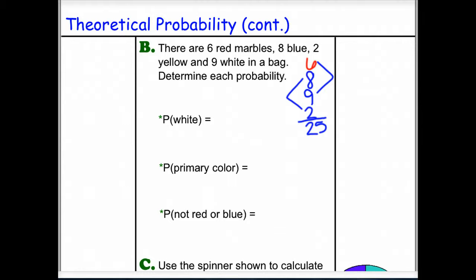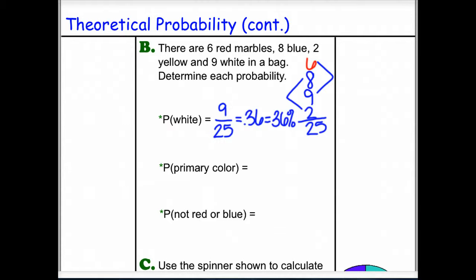So the probability of getting a white, well, there are 9 possible white to choose from out of the 25 in the bag. That cannot be simplified, so instead we'll turn it into a decimal. 9 divided by 25 is 0.36, which is 36%.